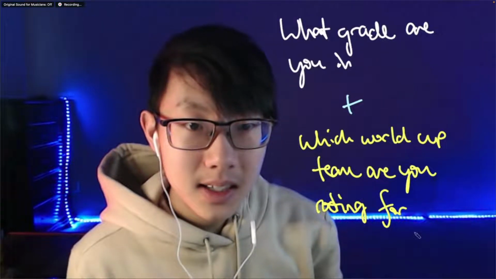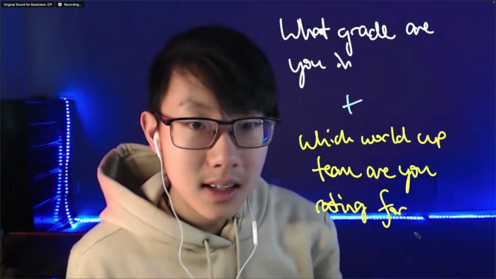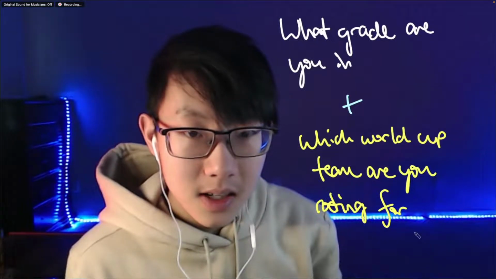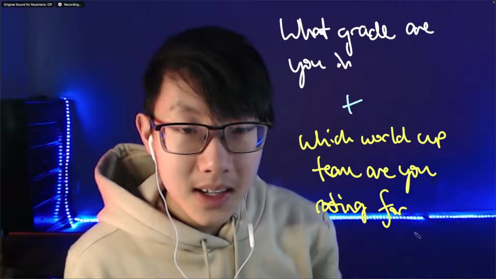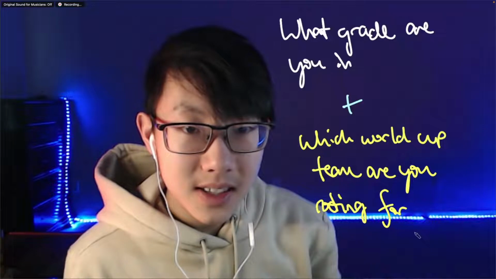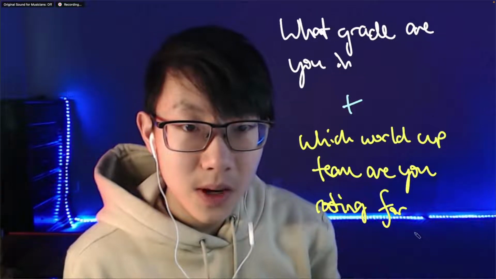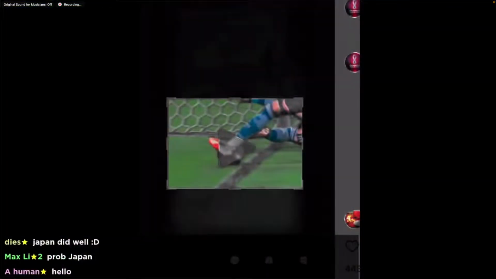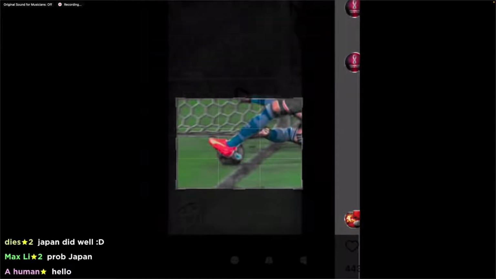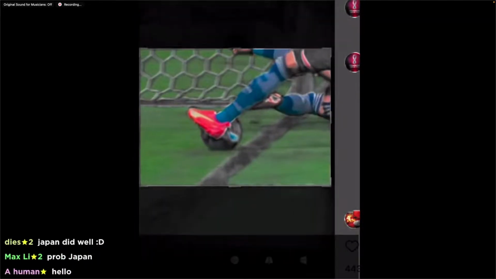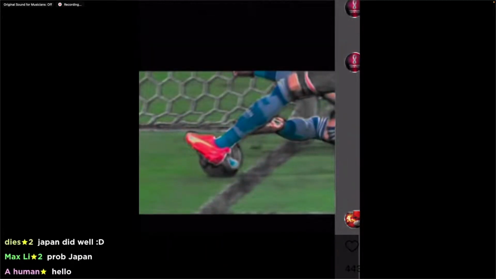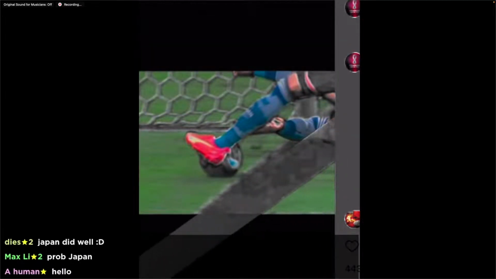Okay, I found it. So basically, it looks like this. From this angle, it's like, oh yeah, it definitely crossed, it's way over the line. You guys can see this, right? There's definitely grass in between the line and the ball, but the rule is from an overhead view. What does it look like from there?